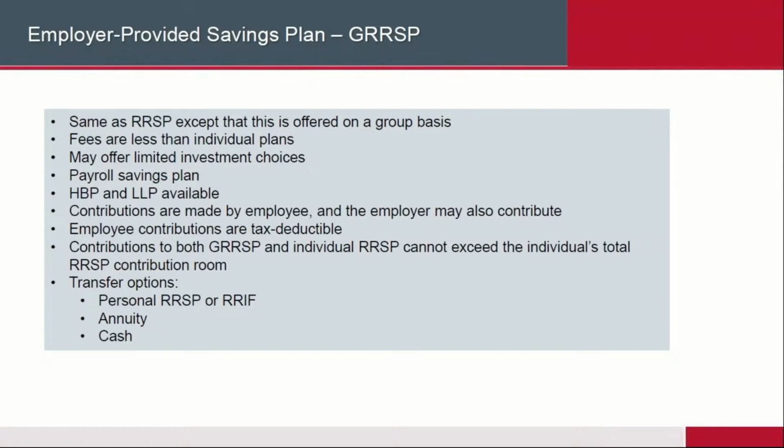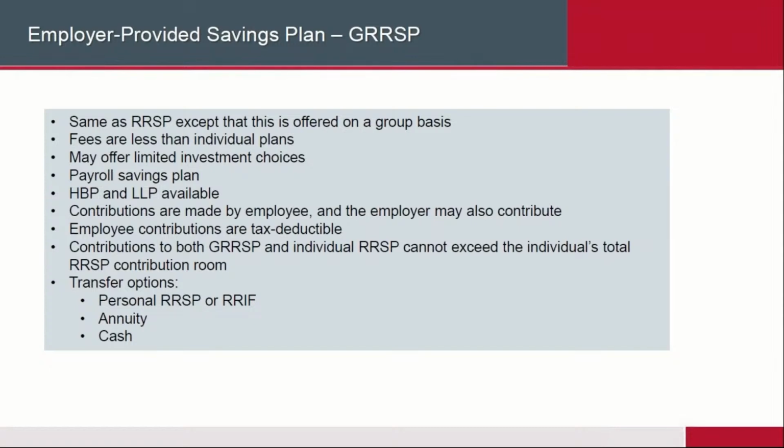Now, because it's an RRSP, you can also use the HBP, which is the Home Buyers' Plan, or the Lifelong Learning Plan. So remember, with an RSP, the two non-pension uses are the Home Buyers' Plan, in other words, you can borrow up to $25,000 from your RSP without incurring any taxes, as long as you use that money to buy a house. Or you can use the Lifelong Learning Plan.